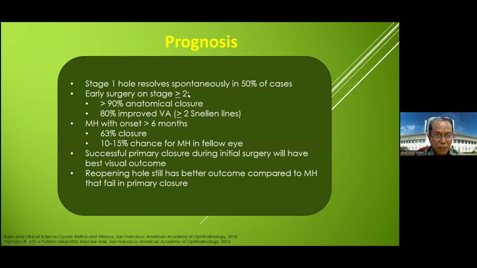With early stage 2 onset, there is 90% anatomical closure and 80% improved visual acuity. Macular hole with onset more than 6 months has a closure rate of only 63%. Successful primary closure during the initial stage will have the best visual outcome. A reopened hole still has a better outcome compared to a macular hole that fails primary closure.